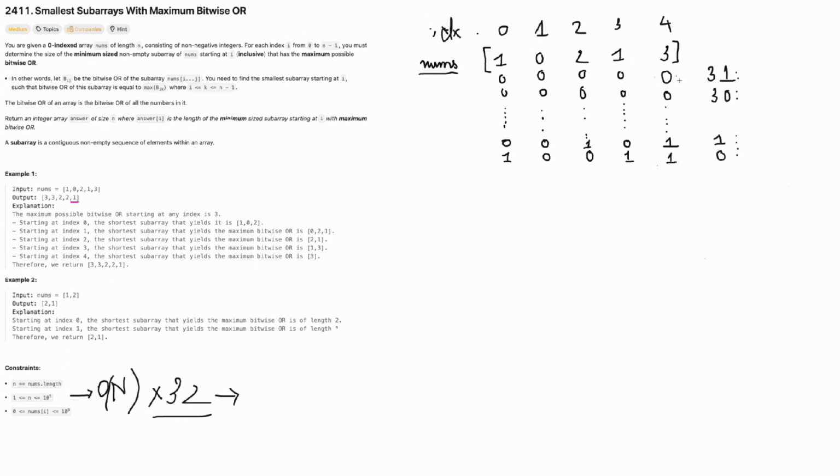We can initialize the value for these bit positions. If a bit is 0, I will put -1. However, where there is a 1, we need to do something, so I will put the index of the number here. Why?